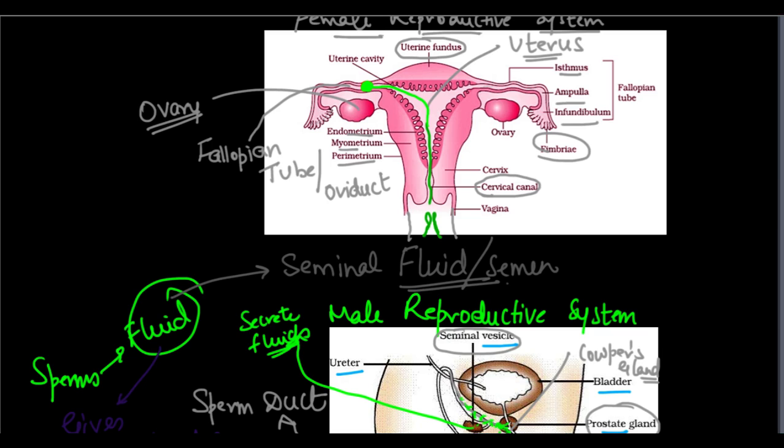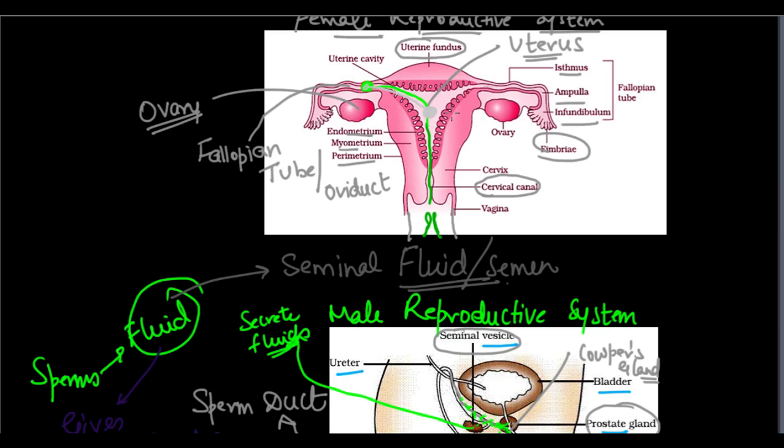Once this egg is fertilized and the zygote is formed, this egg then moves down and comes to the uterus, right?